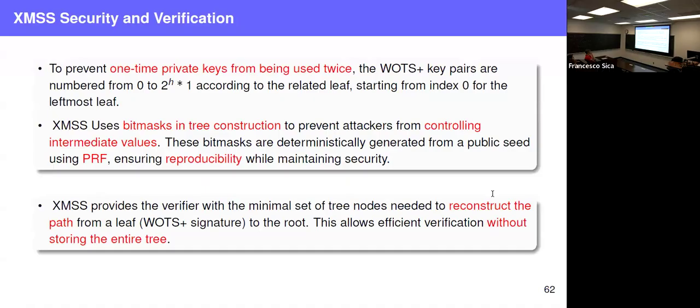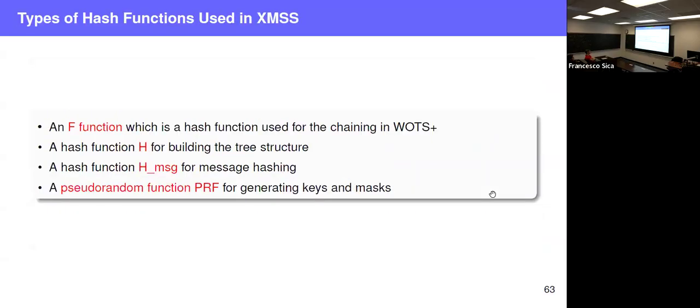As I mentioned before, XMSS is built on top of the words key pair, and it uses bit masks in tree construction to prevent attackers from controlling intermediate values. And in the verification process, XMSS will use an authentication path.